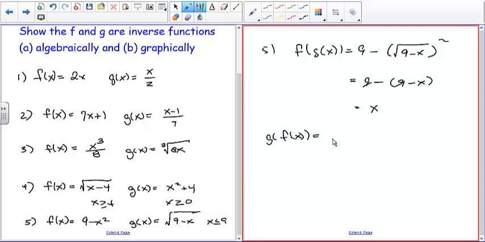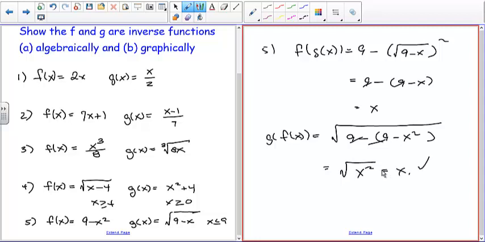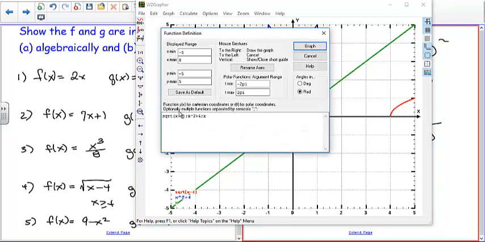So we take the square root of 9 minus x. But for x, we put in 9 minus x squared. So these cancel out again. And so we get the square root of, a negative times a negative is positive, the square root of x squared, which is x. So that's analytically.